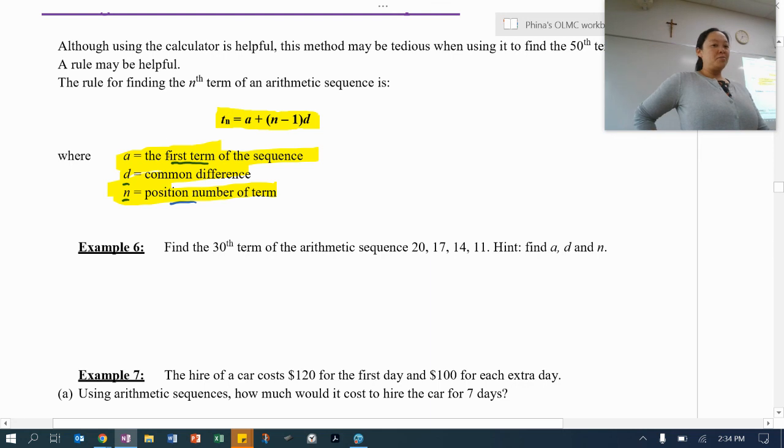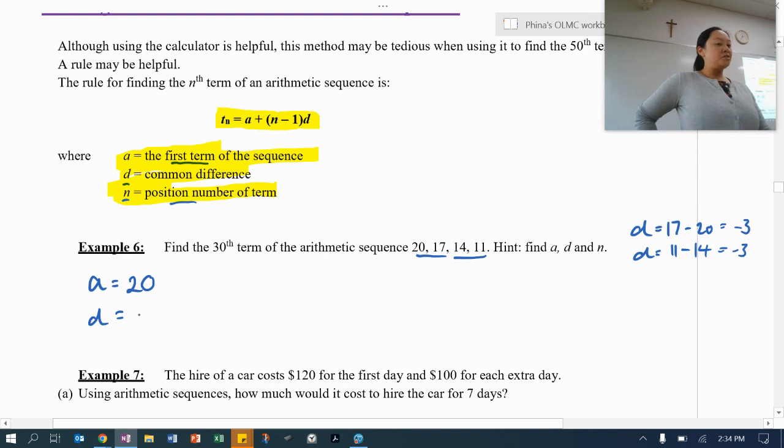So the first term of the sequence, which is A, what's the first term in this sequence that's listed here? 20. Okay. Then D is my common difference. So we need to go through that process I just showed you. We've got 17, so I'll just do it on the side here. 17 minus 20 is negative 3. And I'll just do another set. 11 minus 14 is negative 3.